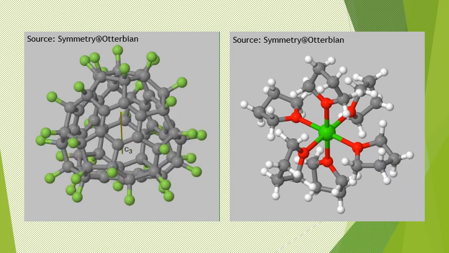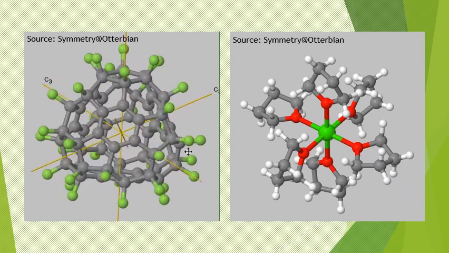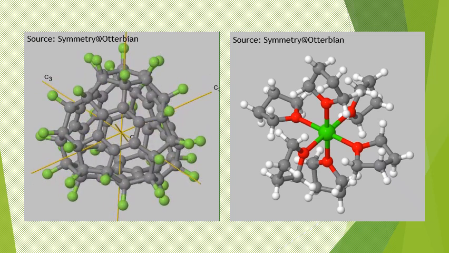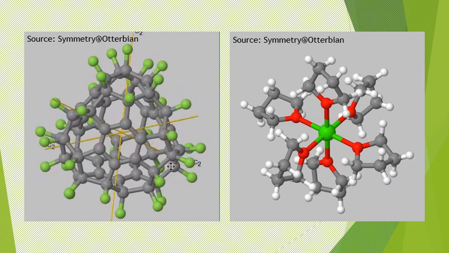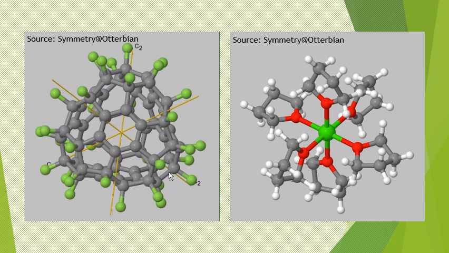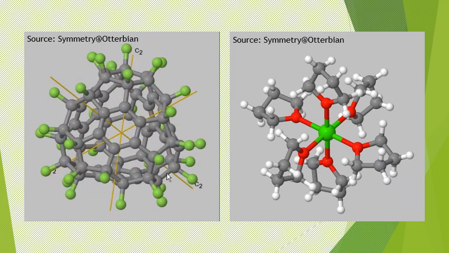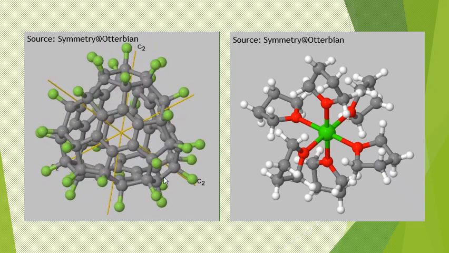In fact 4 such C3s are present, as you can see. Along with that, 3 C2s are present as well. So C2 operations and C3 operations are possible, and this is the point group T.